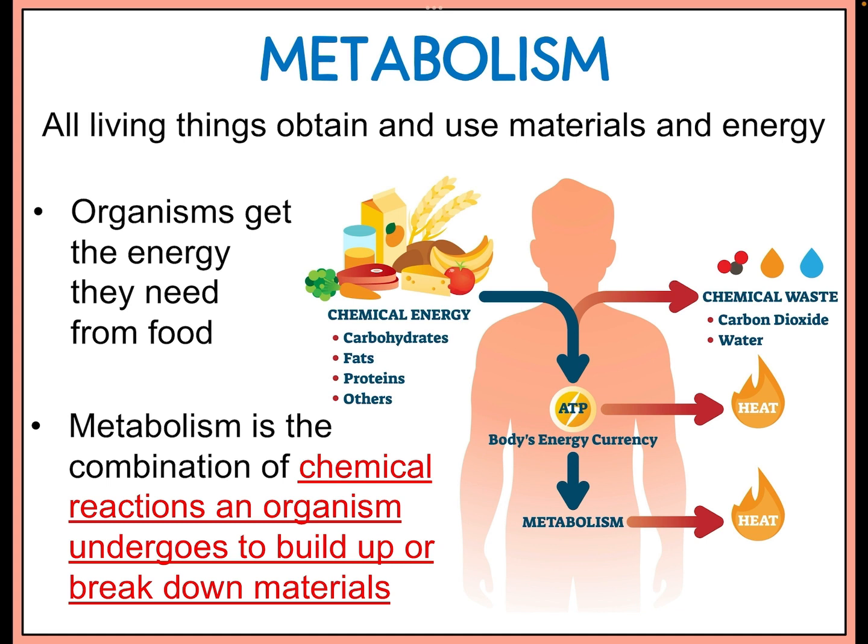This does tie in part to when we talk about organisms getting their food, the energy they need from their food. Remember, we get energy from our food in the form of carbohydrates, fats, and proteins.